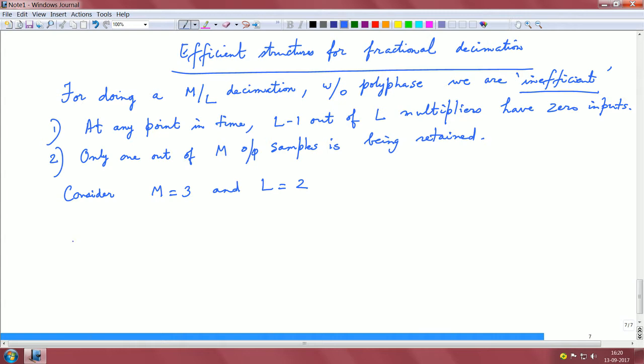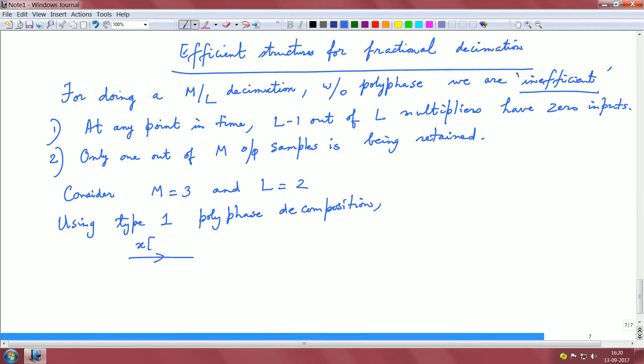One may think of adopting the following architecture using a type 1 polyphase decomposition. We can think of the following structure.